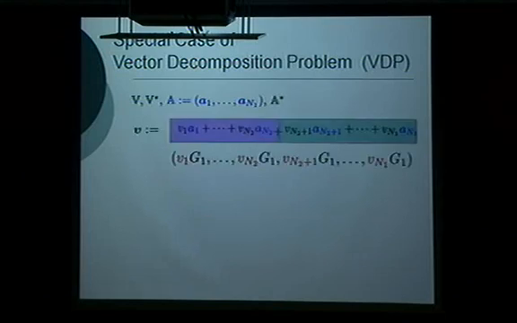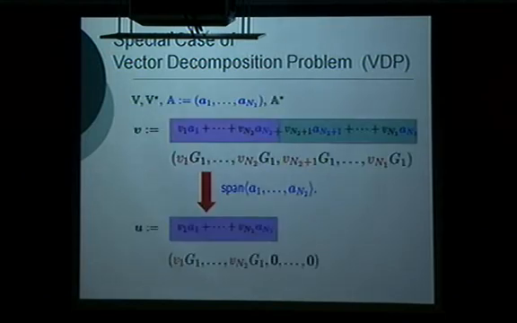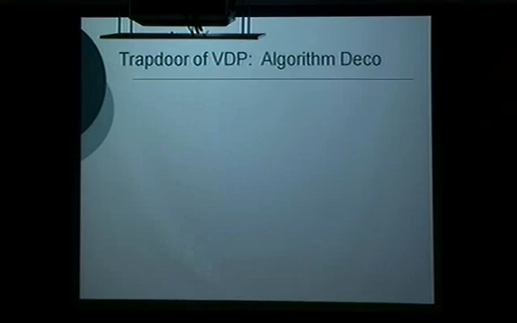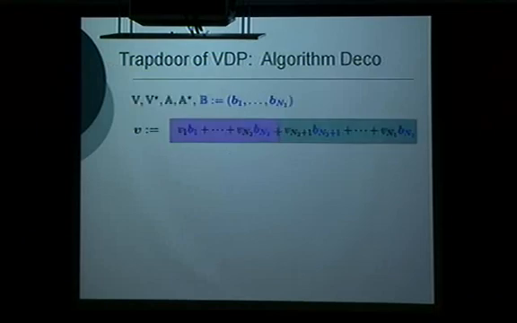But in the canonical basis, this part is easily decomposable. By using this property, we can compute this problem using a trapdoor.